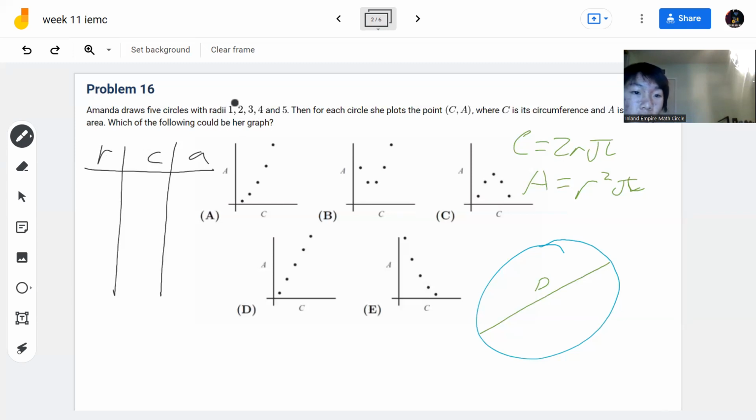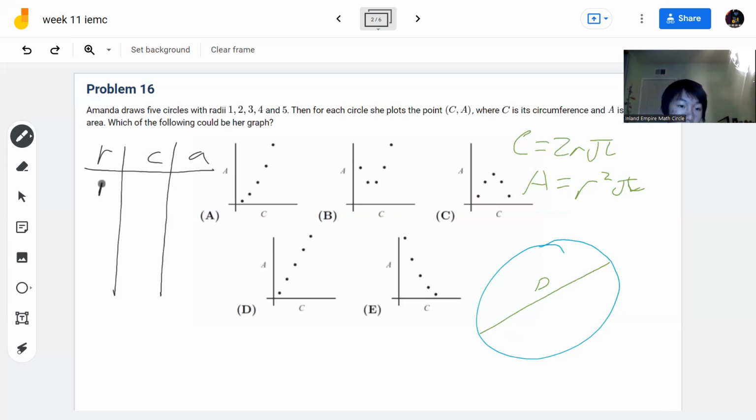We'll start with radius 1. What would the circumference be if the radius is 1? Remember, we're using the top formula for circumference. Anyone? All right, I'll solve.